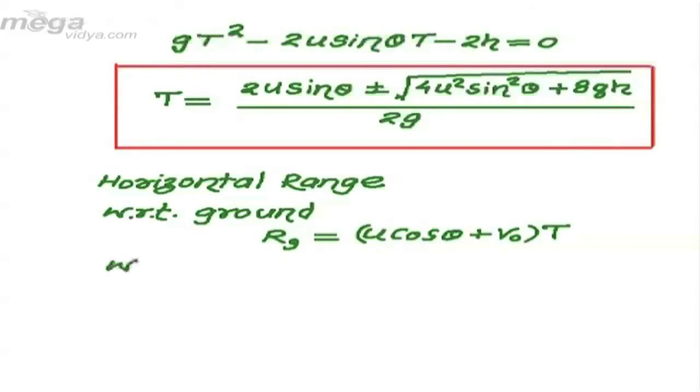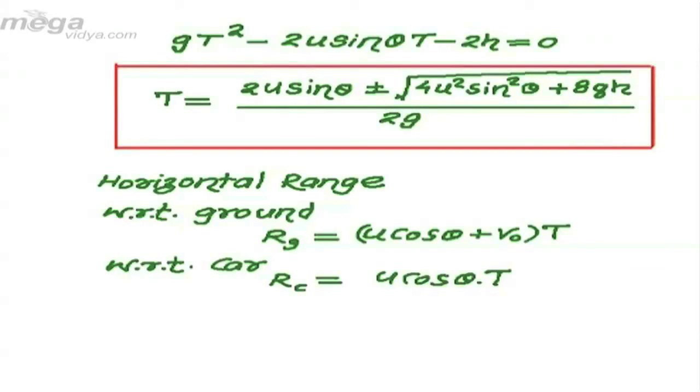If we want to get the range with respect to the car itself, then this range with respect to the car can be obtained using u cos theta into time.